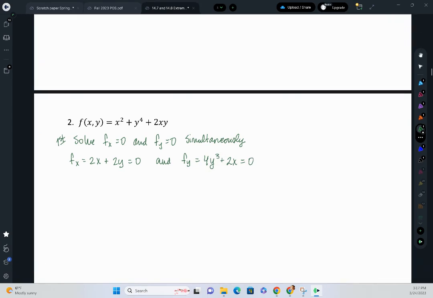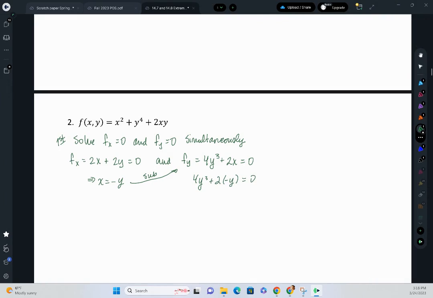Now, it looks like I could solve for x in one of them and then make a substitution. So I'll do that. I'm going to solve for x in the first one. This means x is equal to minus y, and I'm going to substitute it into f sub y. So I get 4y cubed plus 2 times negative y is equal to 0.